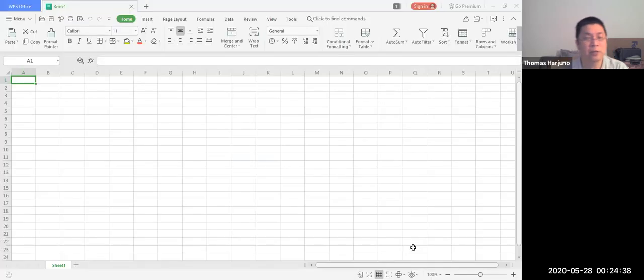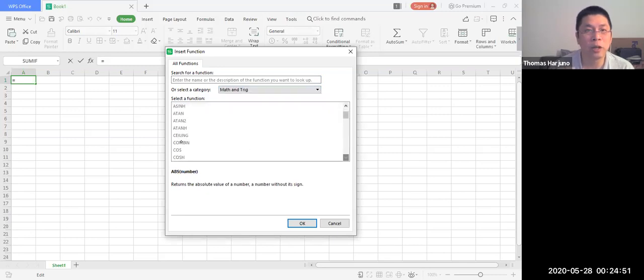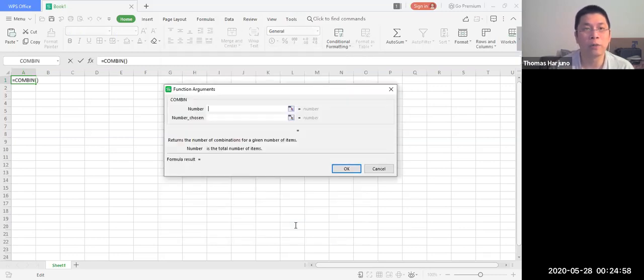Let me see first if I have that function, the combination function. Is there any combination function? Number chosen. Okay, so if I use the number to be 0.5, and let's say this is 3, we get the same thing.